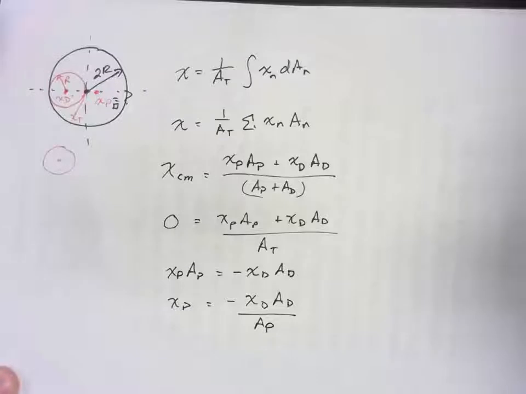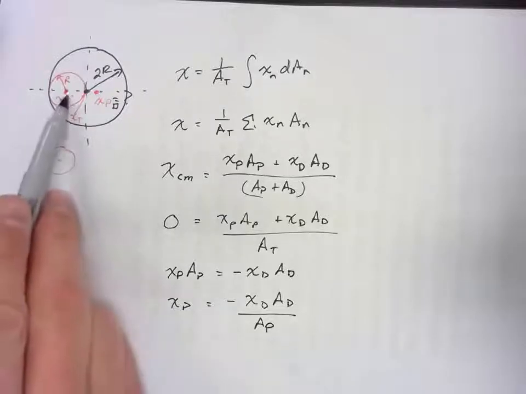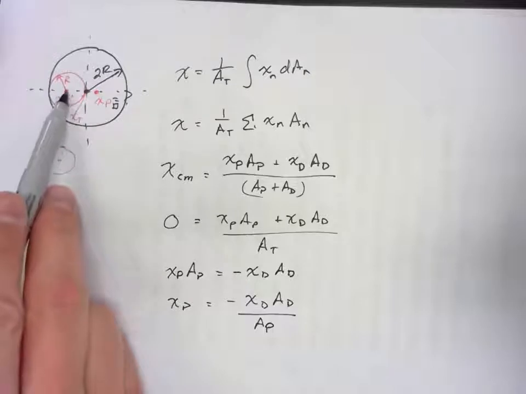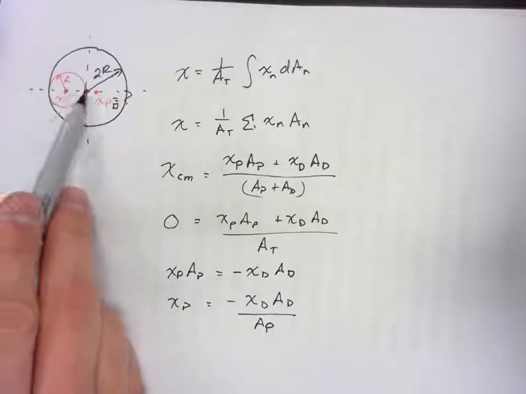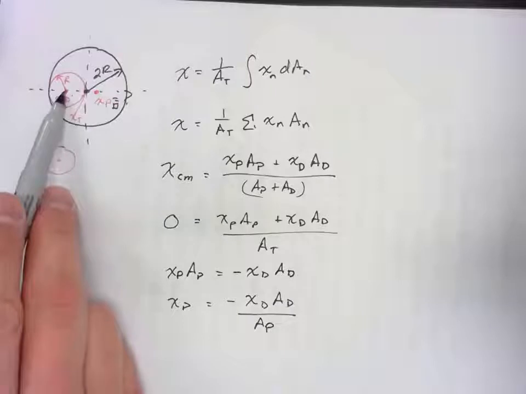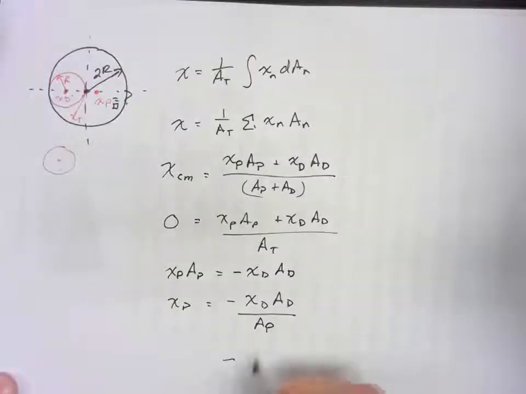Alright, so now we really just need to plug in what we know. We know that the center of mass of the disk is located a negative r away from that origin.